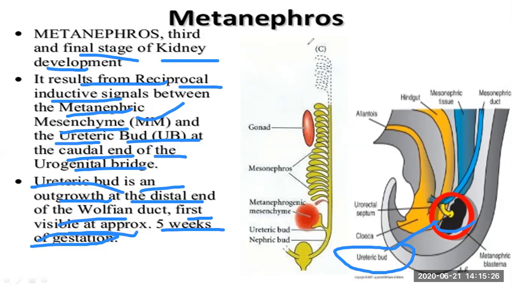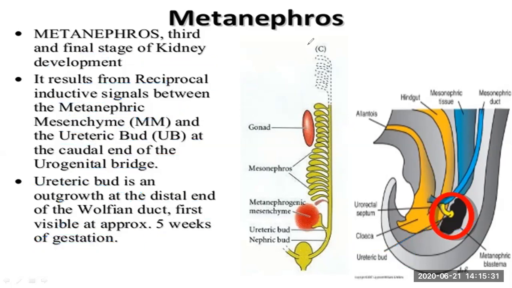So this is the story about the metanephric kidney, which is the functional adult vertebrate kidney.